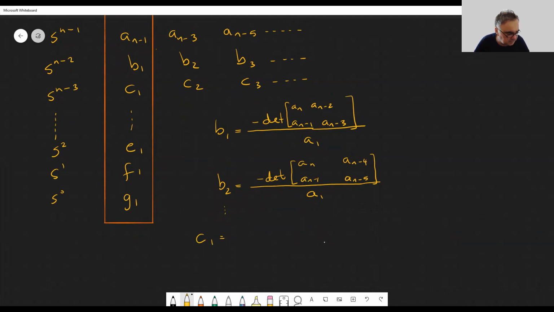And, for example, C1 would be determined from B1 and the two things above, which will be the following: the negative determinant of a_(n-1), B1, a_(n-3), B2, divided by B1.